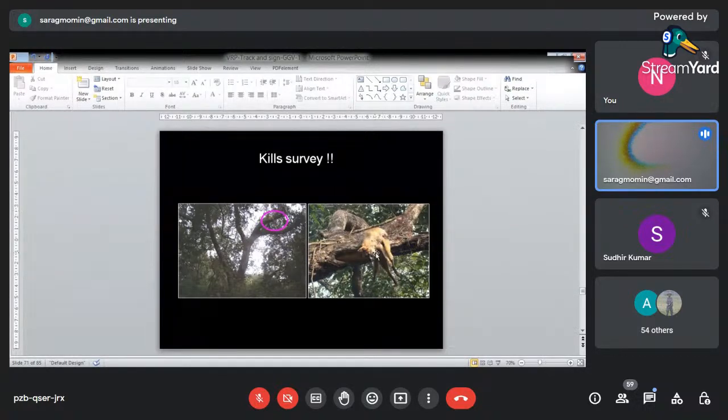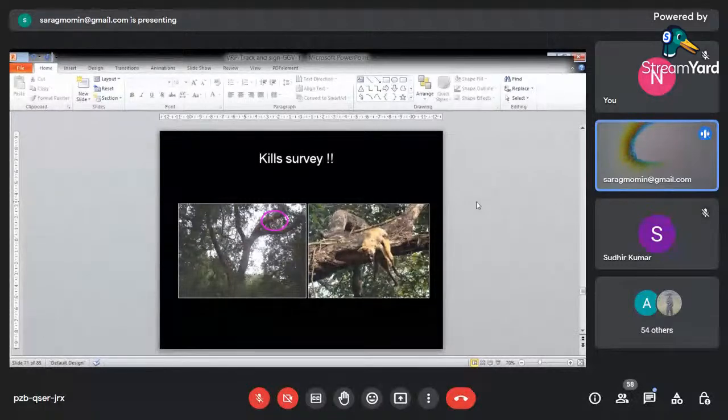If you find any domestic animal or any ground dwelling wild animal at the top of the trees, then you can confirm that there is a leopard in that jungle. A tiger never takes its prey to the top of a tree. A tiger will kill and eat on the ground.